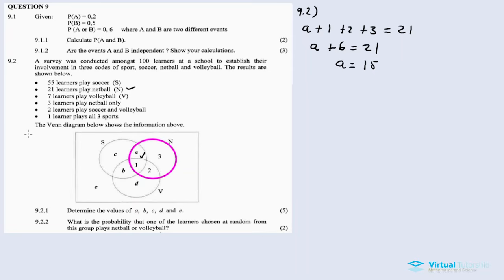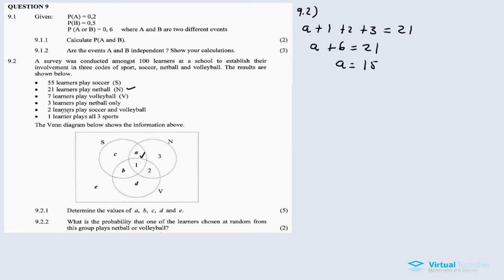You need to make sure that the equation you set has one unknown, not two unknowns. Once it has two unknowns, you will need a simultaneous equation to solve them. But just make sure that the equation you set has one unknown.